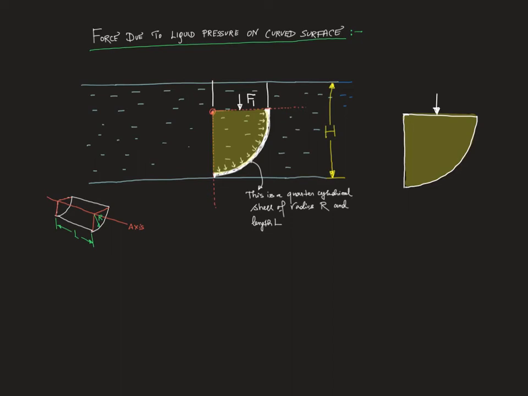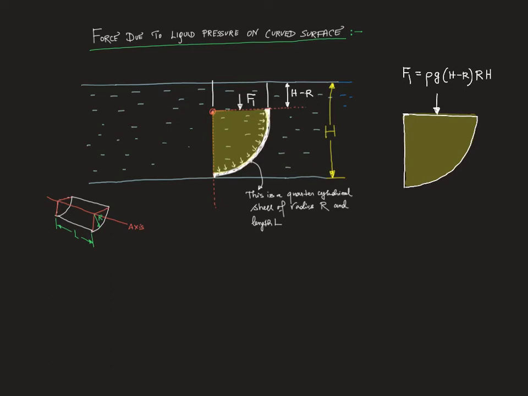Or you can just write pressure into area. So what will be the height? Obviously the height is H minus R. So the force F1 on the top surface is rho G into H minus R multiplied by R into L.